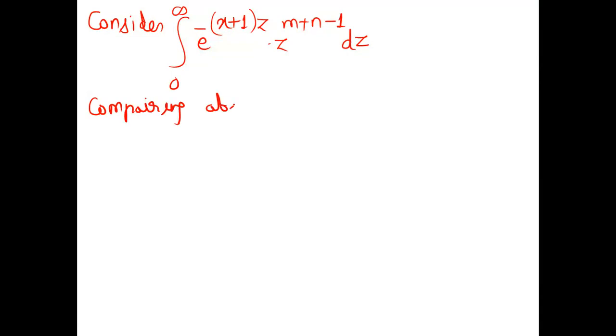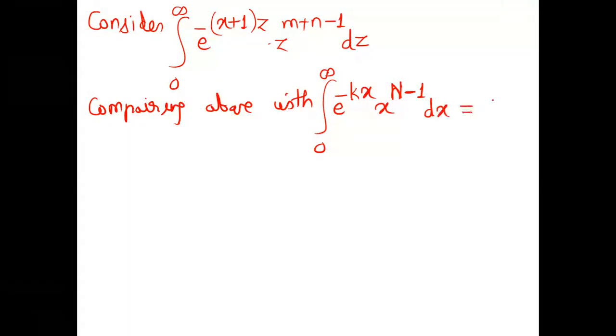Comparing the above with integral 0 to infinity of e power minus kx into x raised to power, in order to avoid confusion, capital N minus 1 dx, is equal to gamma N upon k raised to N. Let's compare this integral with the left hand side.